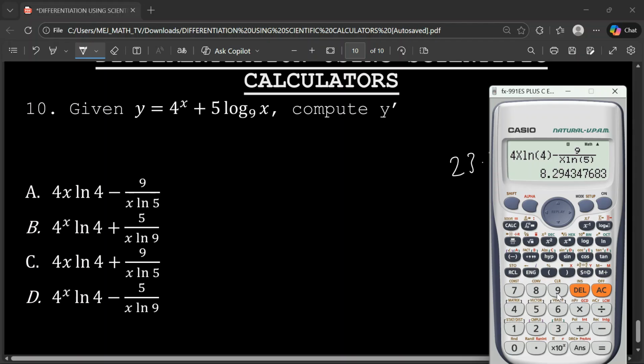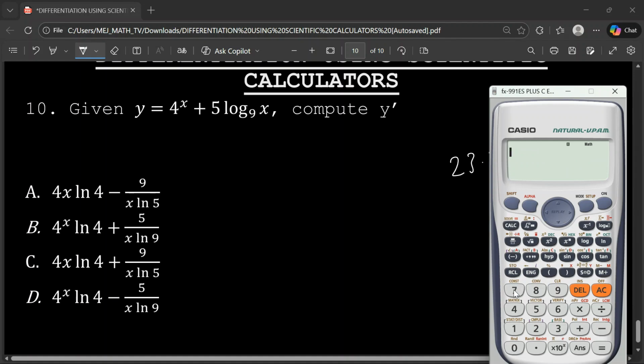Option A and option C are similar. So we want to change the minus sign to plus. That is 13. So option A and C are not the correct answer.